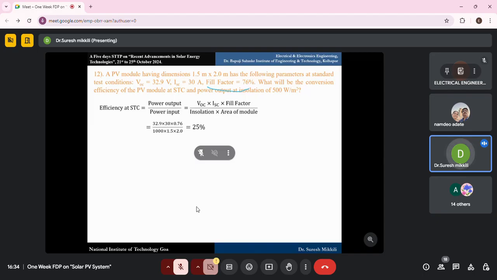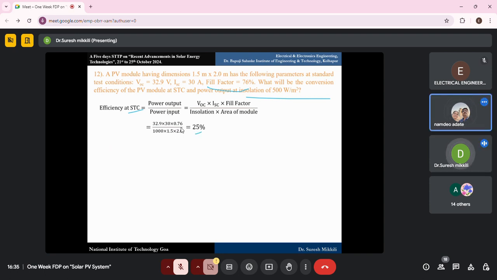I need to change it to 500, sir. 32.9 into 30. At standard test conditions the insolation is 1000, I need to write that. And at these conditions it should be varied. The first condition is the standard test condition, and the second condition should be taken at 500.